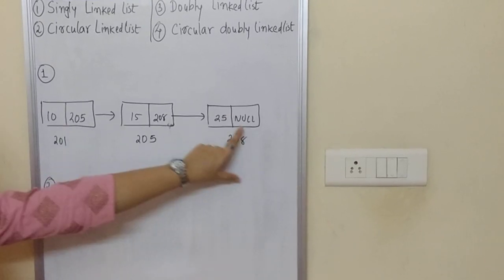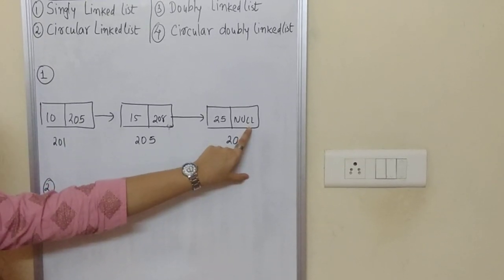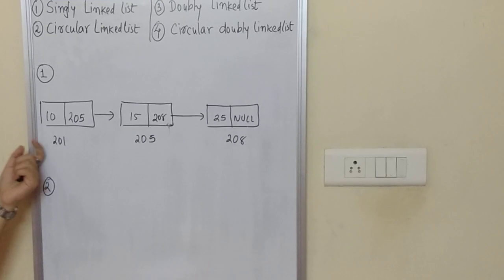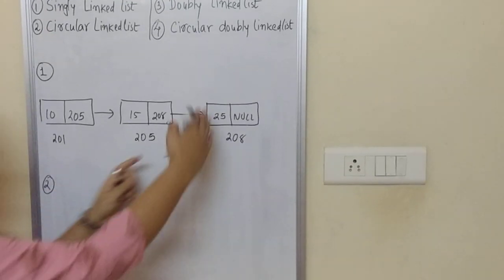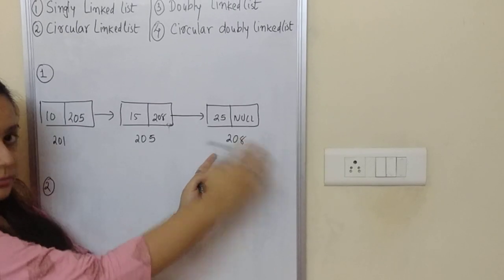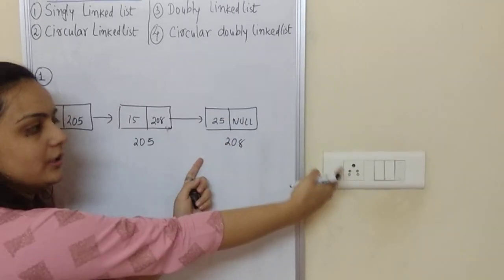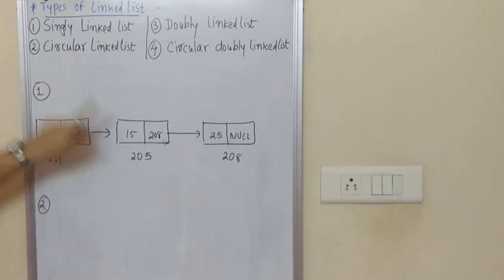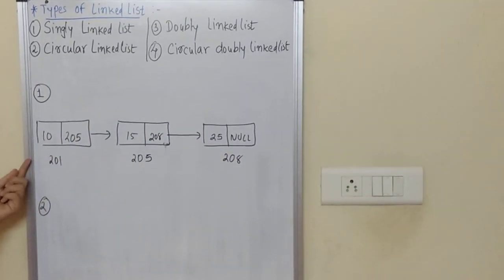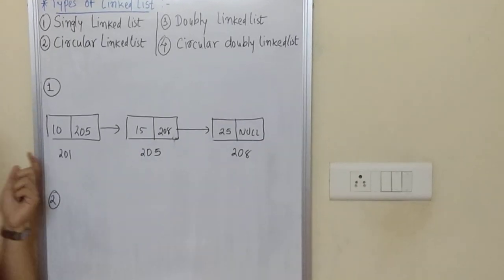It means here instead of null, I have to write down the location of this first node. Here I am writing the null because there is no node in the next. But in the circular fashion, I have to write the address of the first node because it is in the circle fashion.